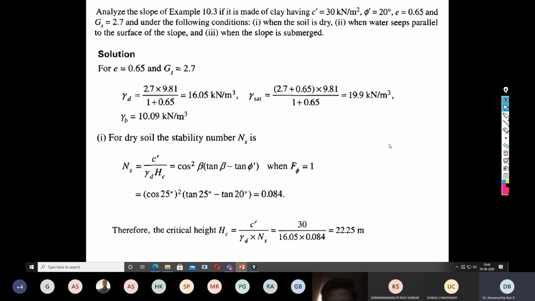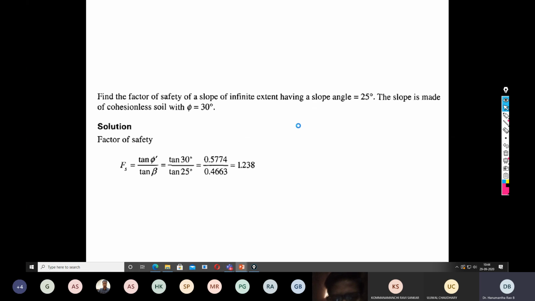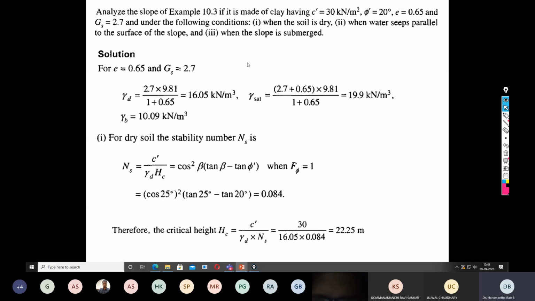Okay, so note down another sum. Analyze the slope if it is made of clay having c' of 30 kilopascals, phi' of 20 degrees, e of 0.65 and Gs of 2.7, under the following conditions: when the soil is dry, when the water seeps parallel to the surface, and when the slope is submerged.